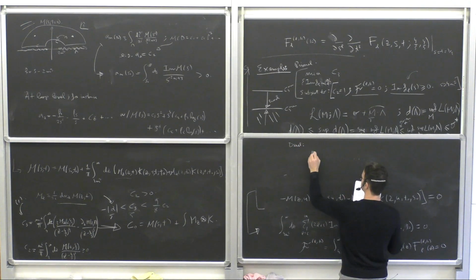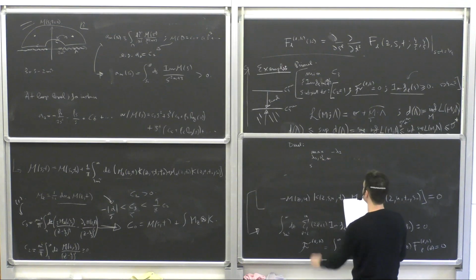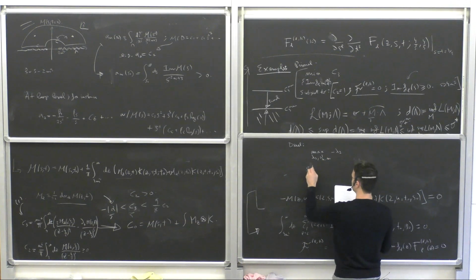And now this one looks like max of minus lambda 2, where I need to vary lambda 2 and nu n comma m, okay? Subject to, let me write it down and then I explain.